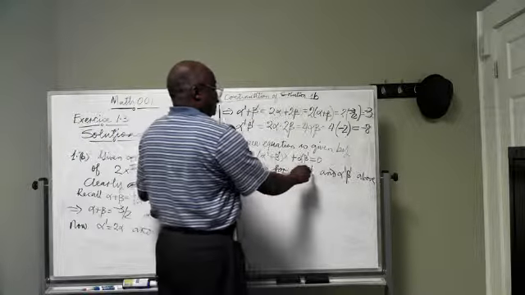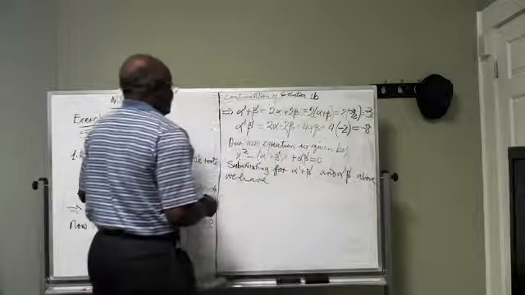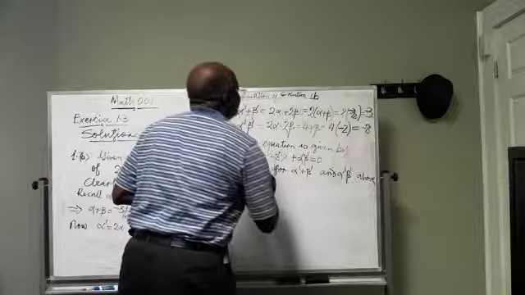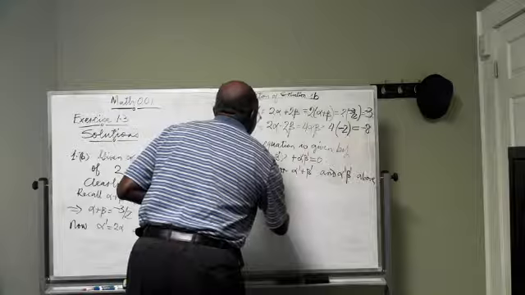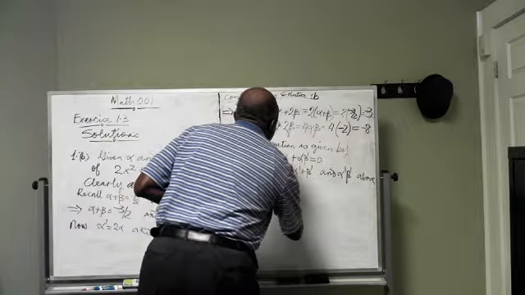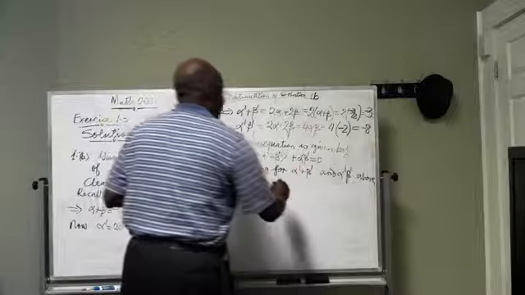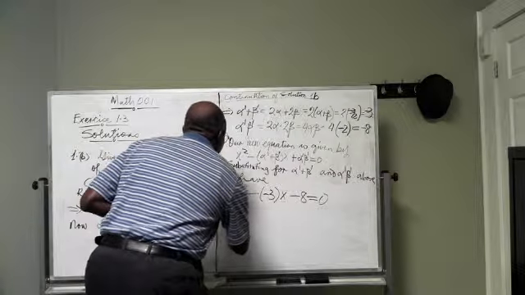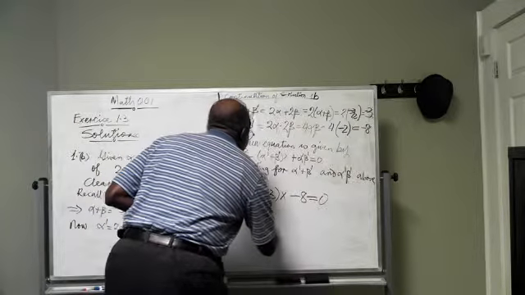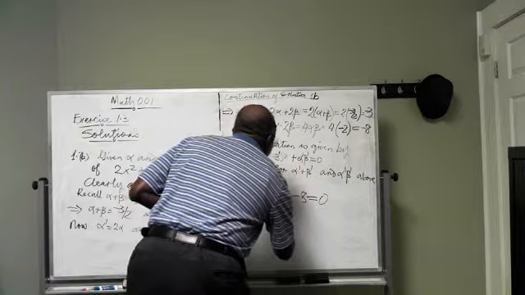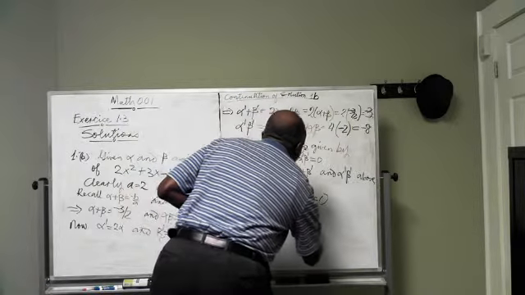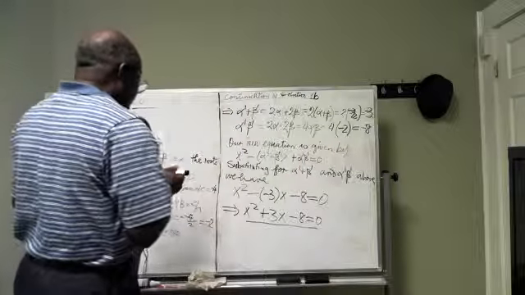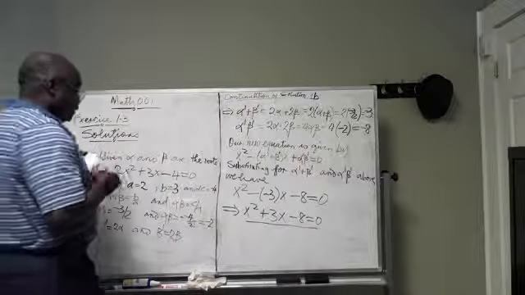Substituting for alpha prime plus beta prime and alpha prime beta prime above, we have x squared minus into minus 3 x minus 8 equals 0, which results in x squared plus 3x minus 8 equals 0. And this is our new equation. So I'll let you take down notes.